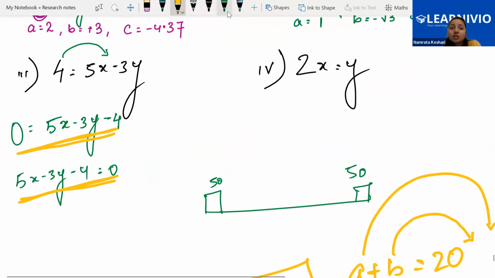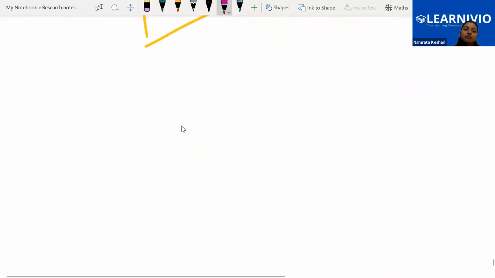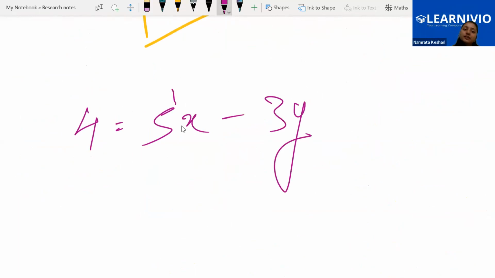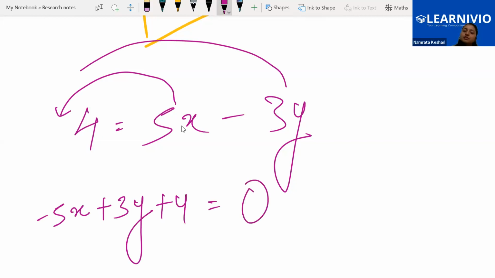Or if you are thinking of doing the transposition like this, please let me know. 4 is there on the other side. Our equation was 4 is equals to 5x minus 3y. If you want to take this 5x to this side, fine, it will be minus 5x. If you want to take this 3y to this side, fine, it will be plus 3y. Plus 4 is equals to 0 on the other side. Now your a will be minus 5, your b will be plus 3, your c will be plus 4.